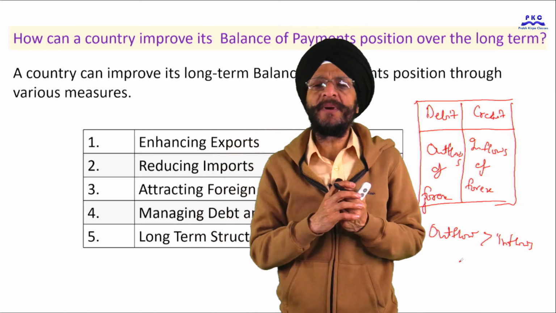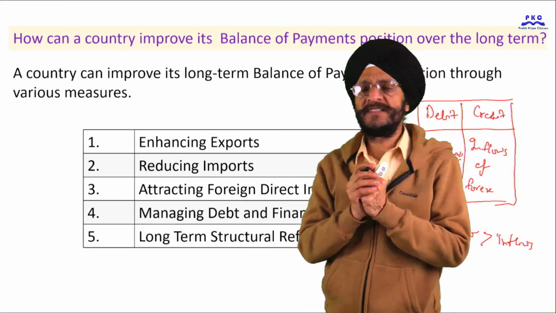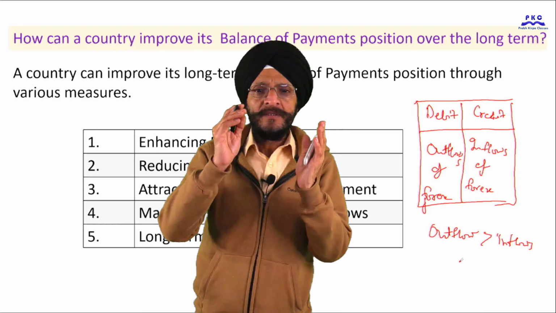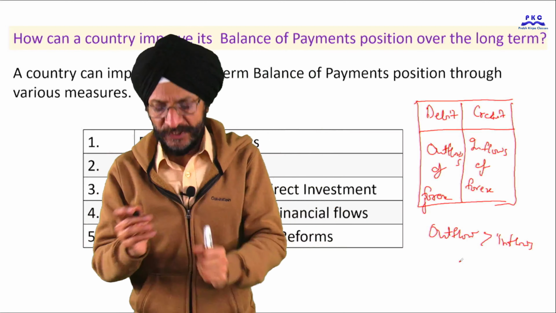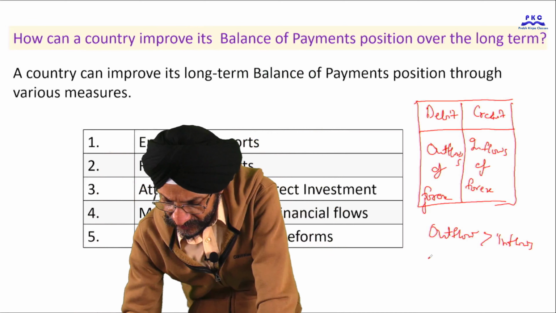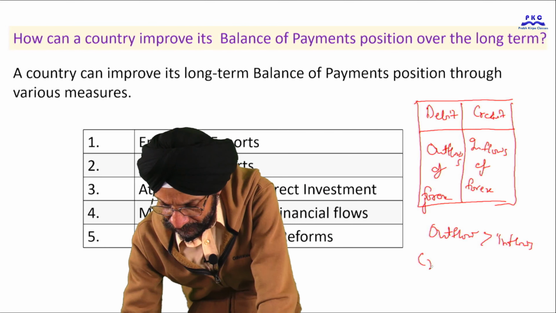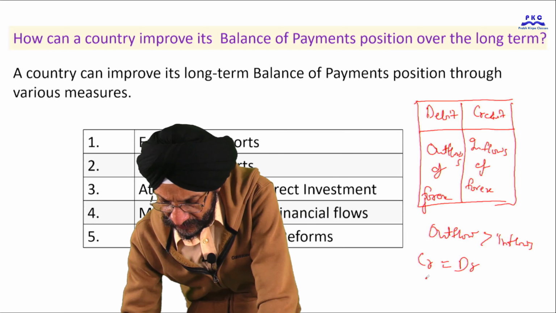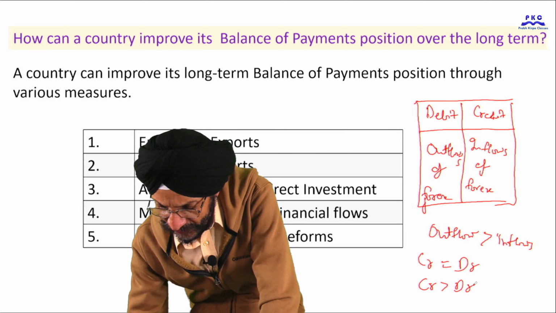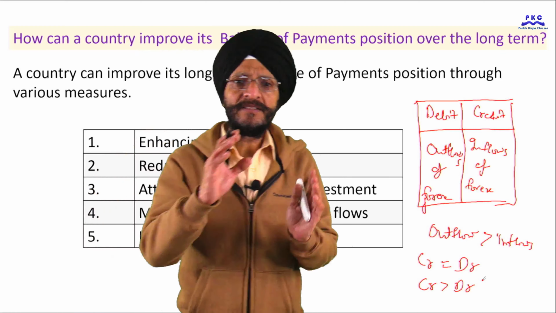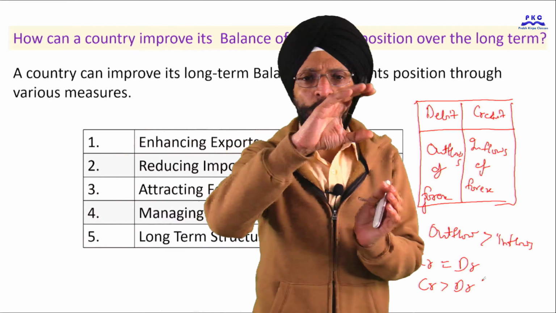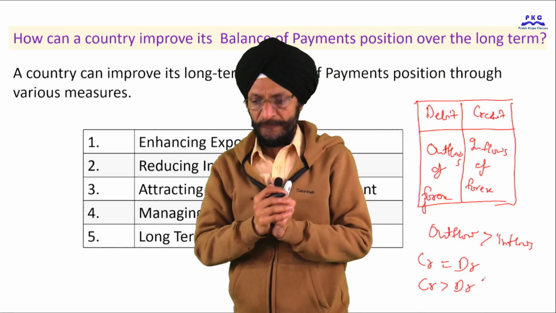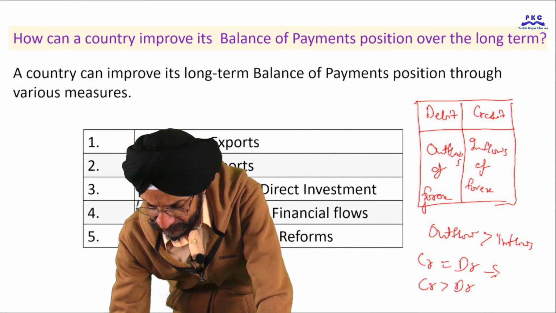Improving balance of payments does not necessarily mean that credit should be equal to debit or more than debit, that is, the position should be either balanced or in surplus. This is the balanced balance of payments.